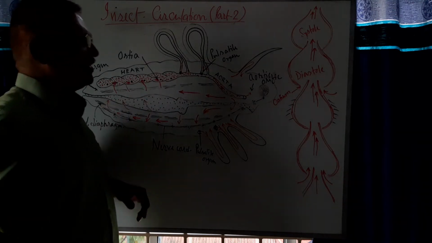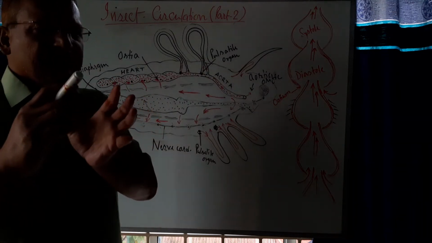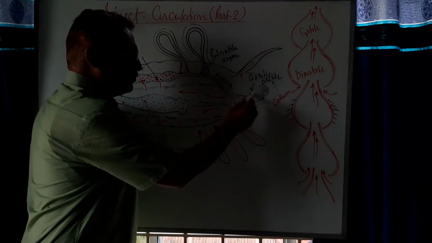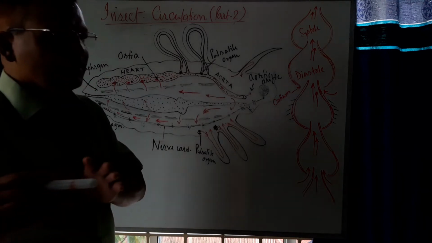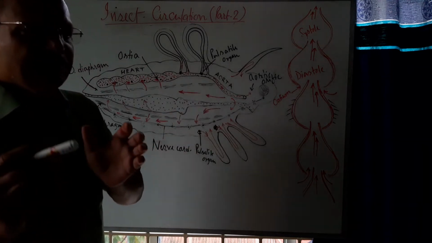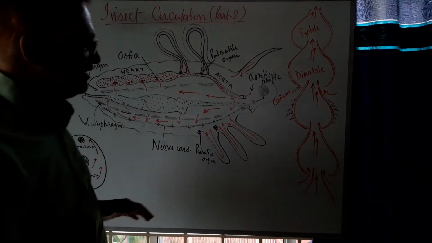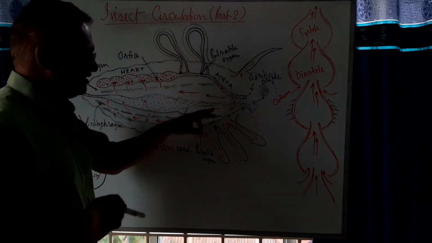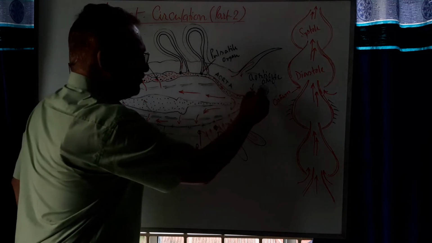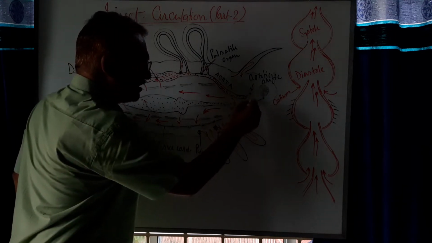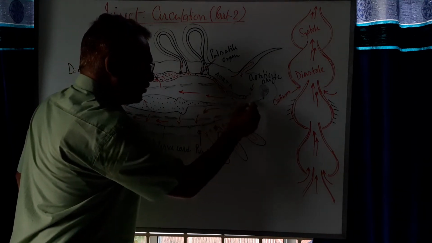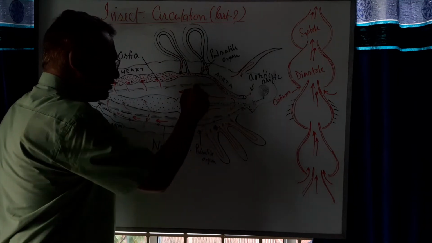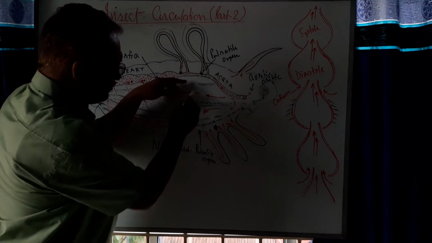When the hemolymph flows from the anterior to posterior direction, a local pressure is produced in the perivisceral sinuses, because hemolymph is continuously flowing from anterior to posterior. So a local pressure is produced in between the two diaphragms.